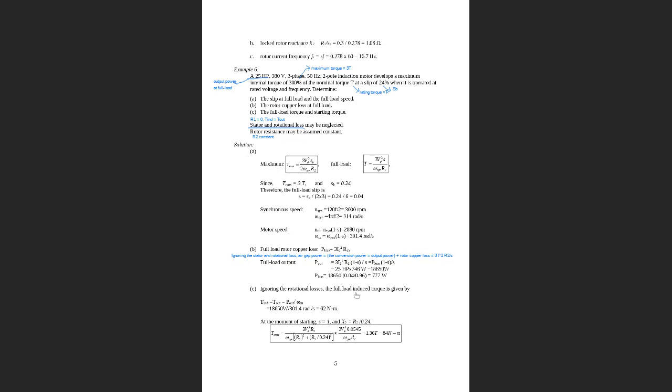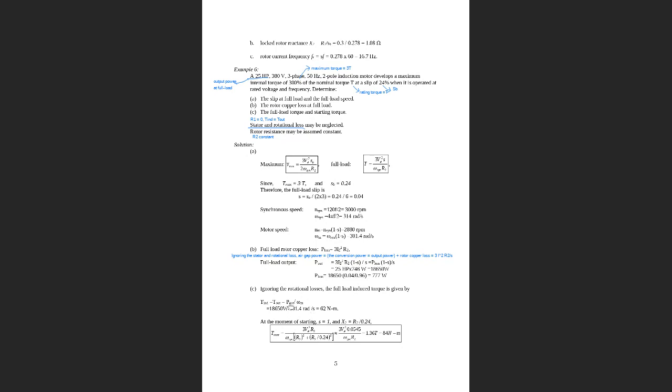Furthermore, we can estimate the starting and the maximum torques. Part C: if we ignore the rotation losses, the full load induced torque is the output torque.